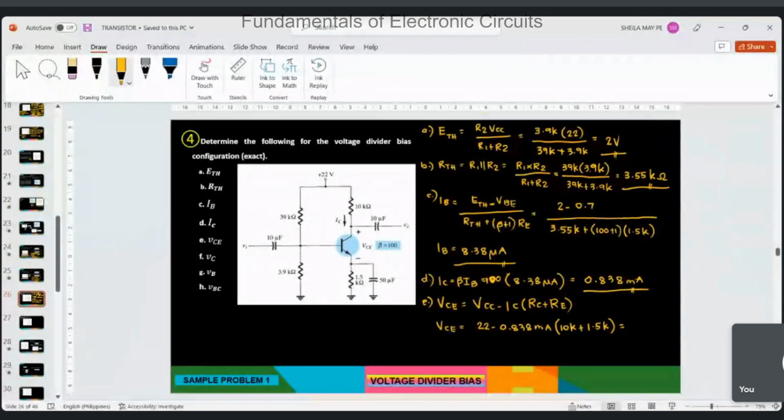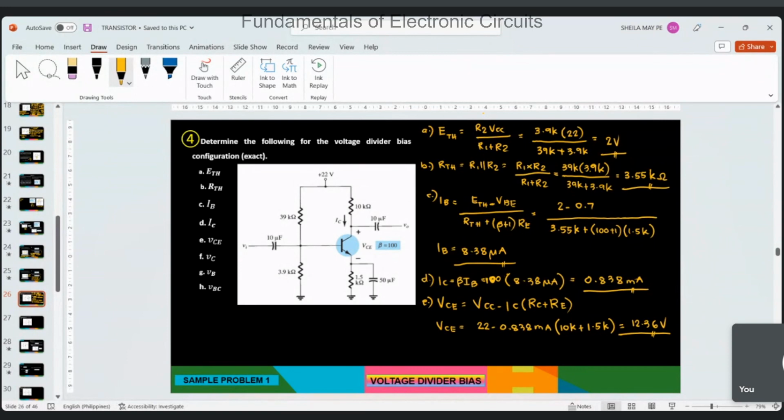Am I right, class? Yes, Miss. 12.36 volts.